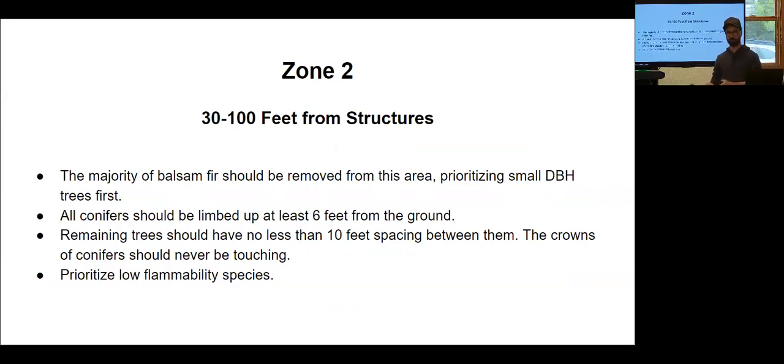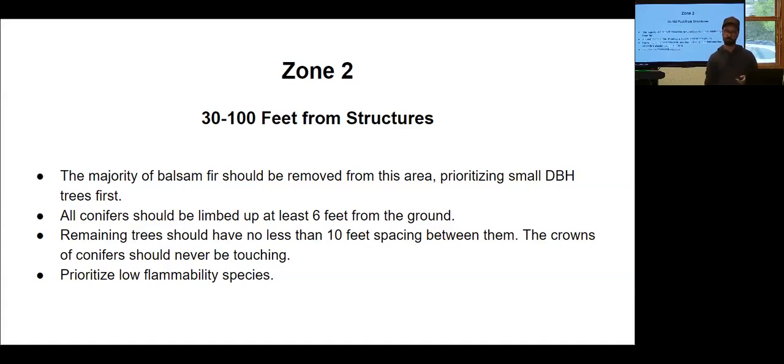So focusing on the small stuff, and really on clumps and big groups of the balsam fir, is what you want to prevent. Individuals, though, are less of an issue. If you have a single tree and it torches, it's not as big of a risk, obviously, as if you have a whole group of trees and they all torch at once. That's what's going to spread it.